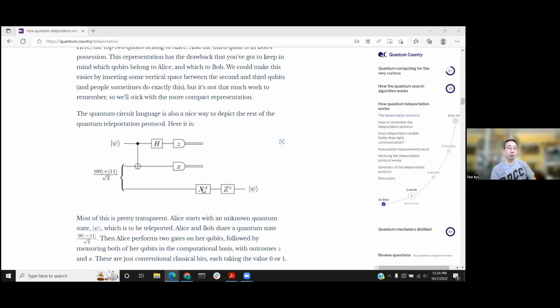You conditionally perform an X and a Z based on what I tell you from these 4 outputs. And when you are done, you will have your qubit in exactly the state that mine was before I did the CNOT and the Hadamard. Does that help, Maya? Actually, yes.